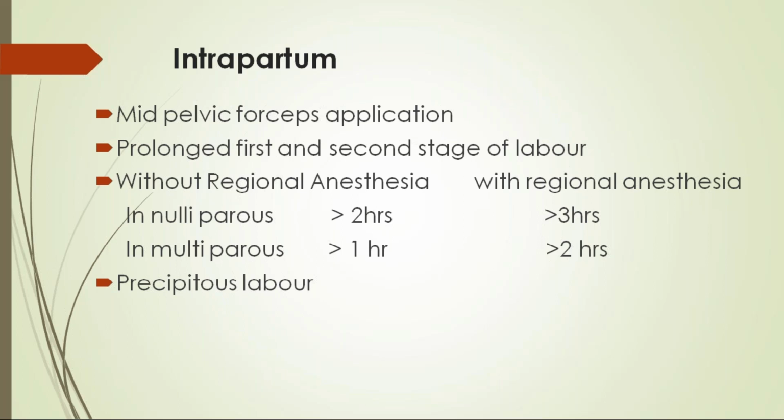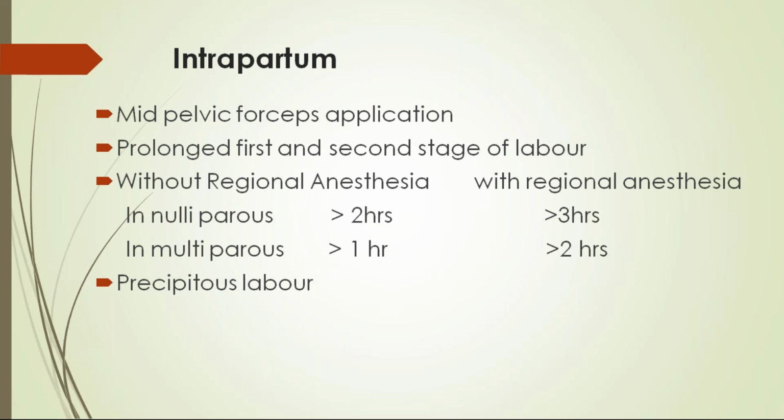So it is very difficult to deliver the shoulders compared to the head. We can deliver the head of the baby with the help of mid forceps, but the shoulders will be impacted under the pubic symphysis. So in case of suspected macrosomia, we should not use mid-pelvic forceps application.